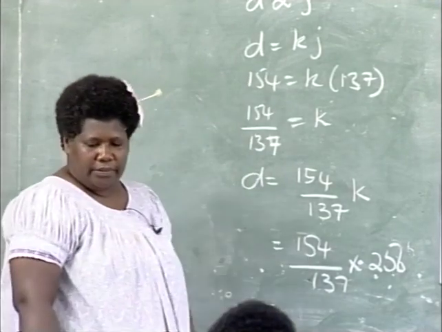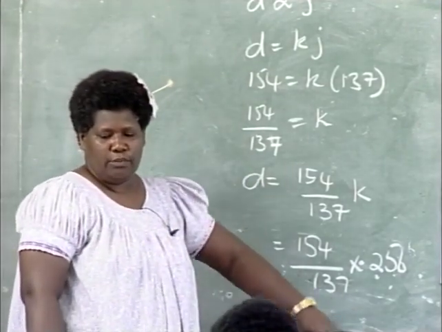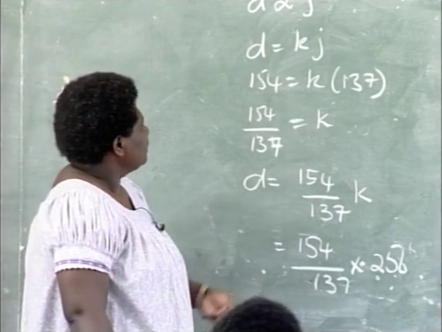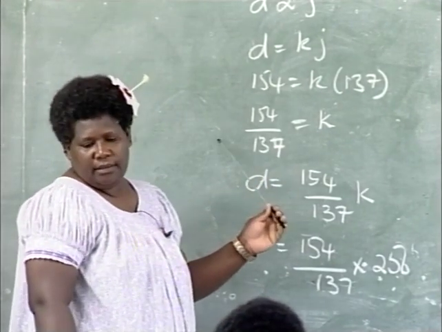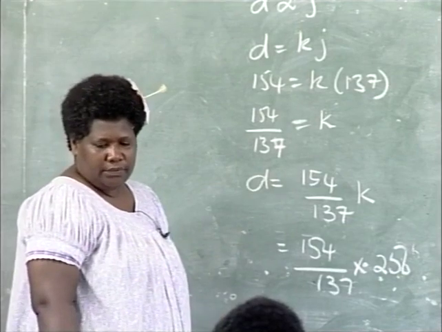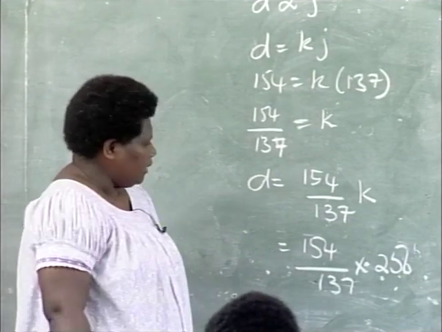A faulty odometer records 154 kilometers for a journey of 137. If it shows 256 kilometers for a journey, what is the true distance to the nearest kilometer?